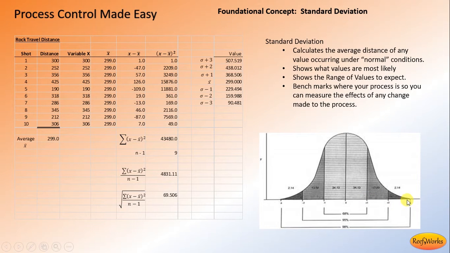So you have negative 3 standard deviations to positive 3 standard deviations. And almost 100% of the values that you are likely to see under normal conditions are going to occur in this range. So this value here is our lowest value, which is 90.481. And this value at plus 3 sigma is 507.